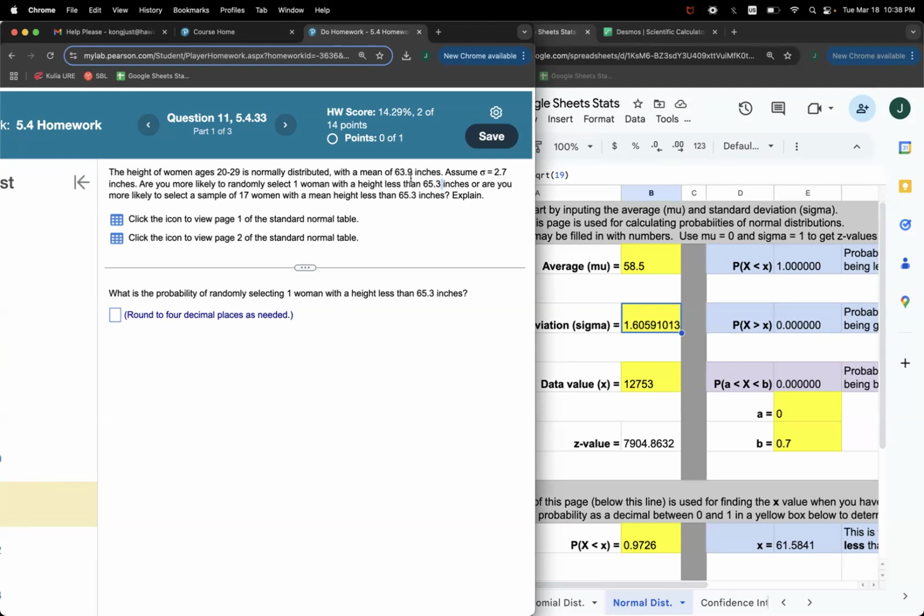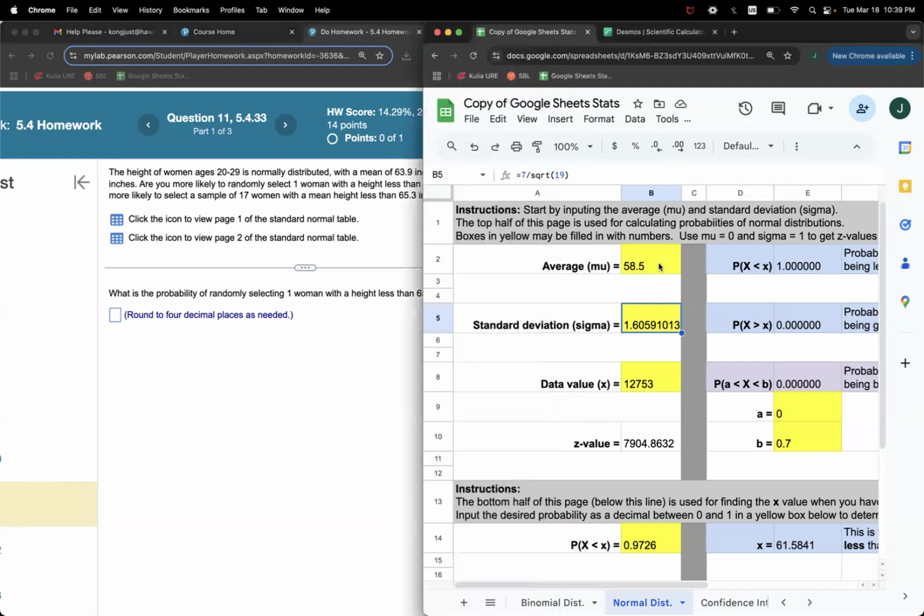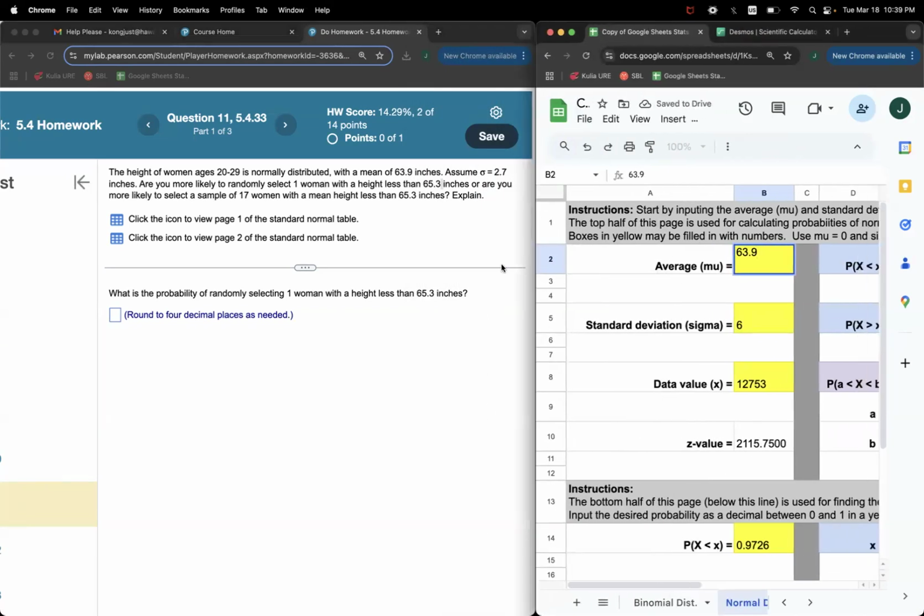Are you more likely to select one random woman with a height less than 65.3? That's above average, right? Because the mean was 63.9. I'm looking for a height that's less than 65.3.